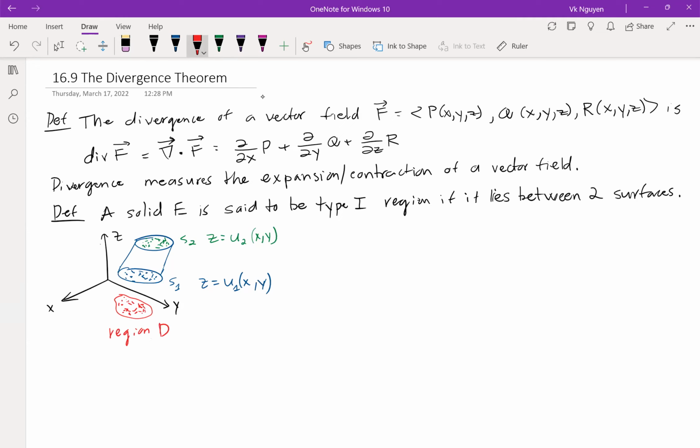Okay, so this is the type 1 region, and then you can see that the solid E is right here.